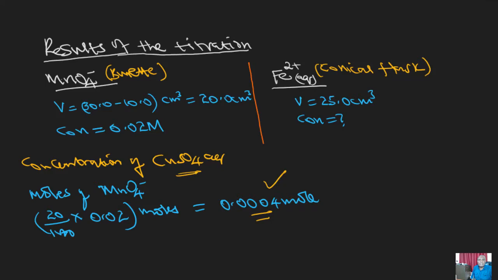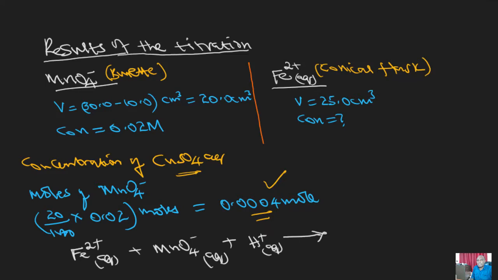Let us write the equation. Iron 2 in solution meets manganate 7, also in solution, and it is acidified. The products we get here are iron 3 in solution.